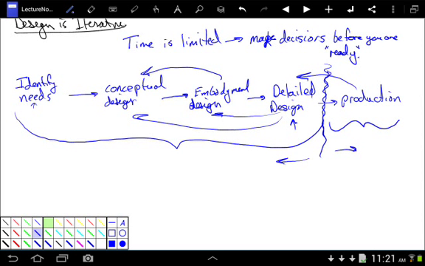And actually, this nowadays is a lot easier than it used to be, right? You're going to create CAD models, obviously, of your design, solid models of your design. And because nowadays we use parametric modeling software, it's much easier to go back and change a few features of your design than it used to be, right?